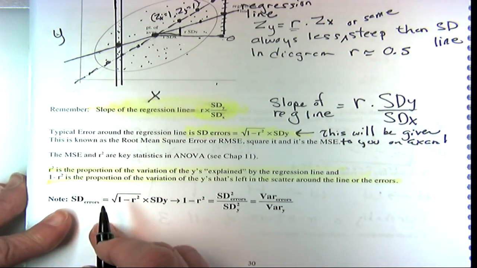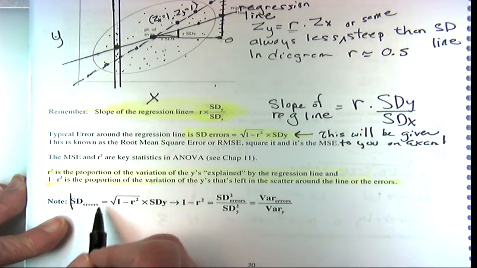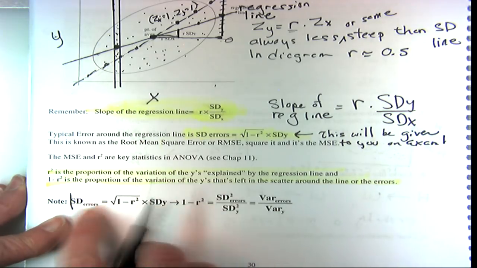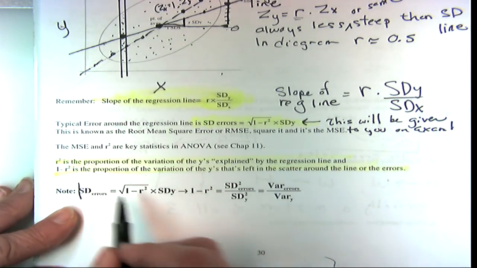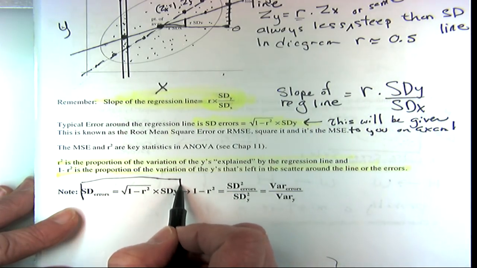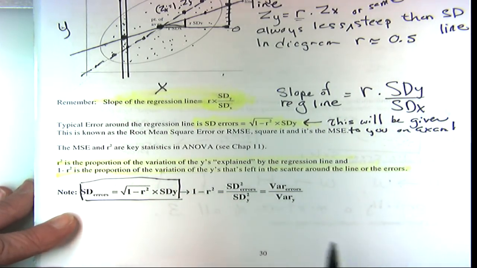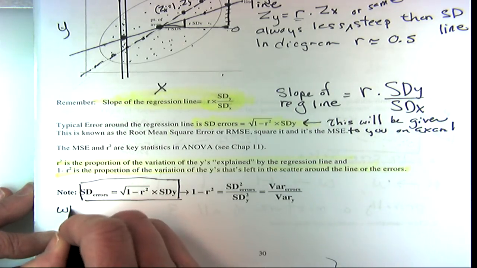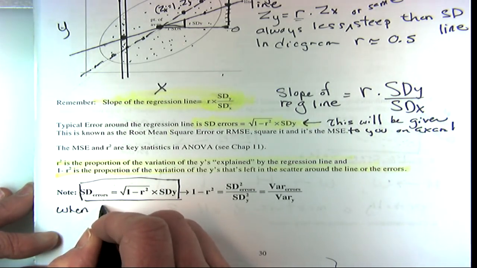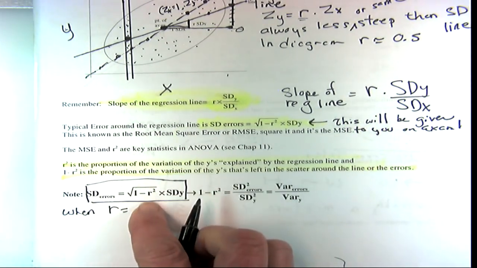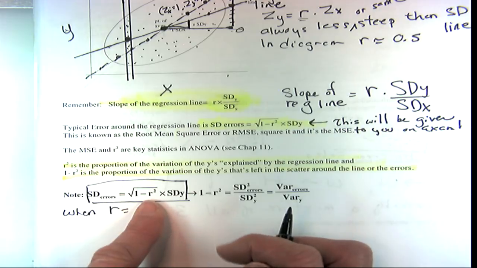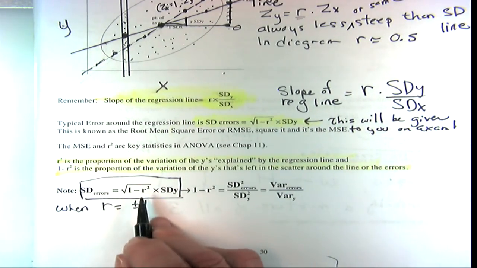All right, so now, I'm not proving this standard deviation formula, but I want you to remember it. So let's see why this formula makes sense. Let's just look at the two extreme cases. When r is equal to plus or minus 1, what would this predict?